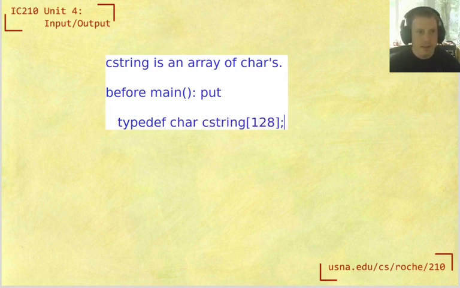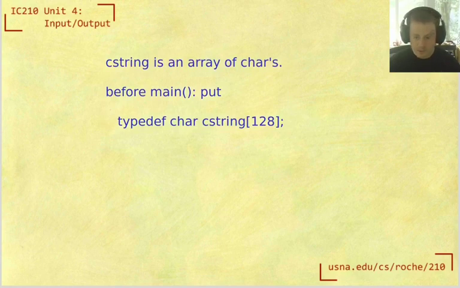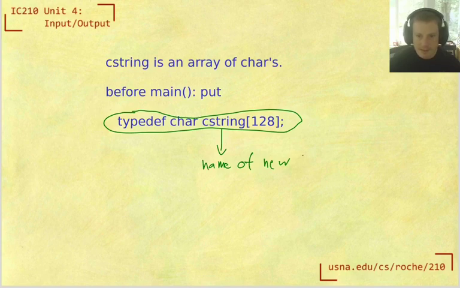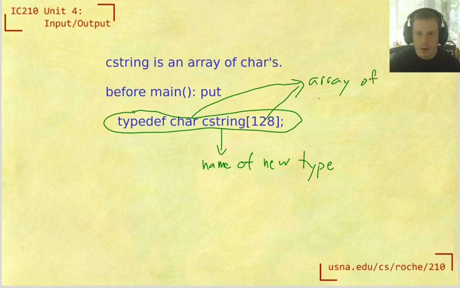So what does this line actually do for us? So here's the magical line that you need to type before main. It defines a new type. cstring is the name of the new type. And the syntax of this is a little bit weird, but what this syntax says is that a cstring is an array of 128 chars.